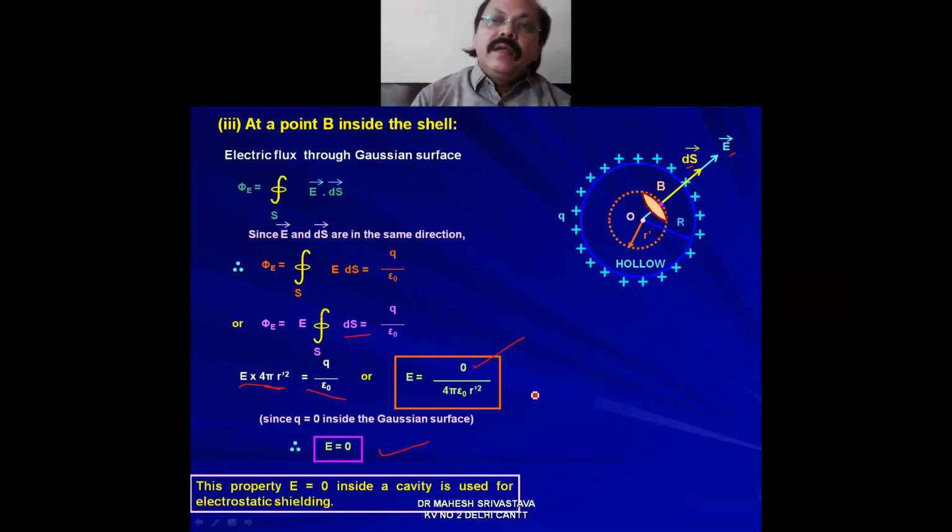In the previous cases we have taken a cylindrical surface placed in a uniform electric field but no charge inside it, so no electric flux through the surface.